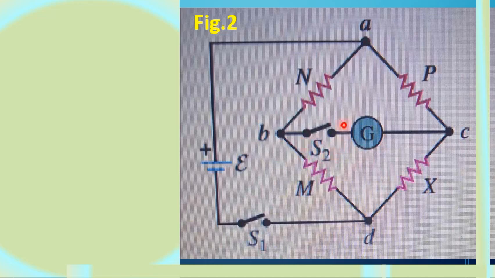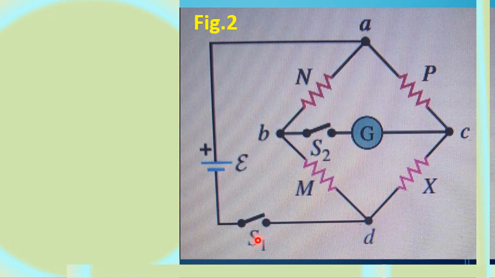And there is an EMF source such as a battery connected at points A and D, and the current that is generated by the battery is controlled here by a switch S1.